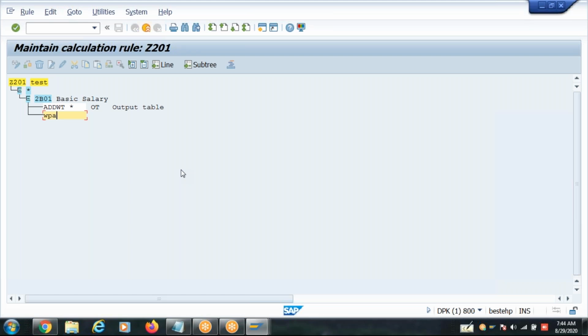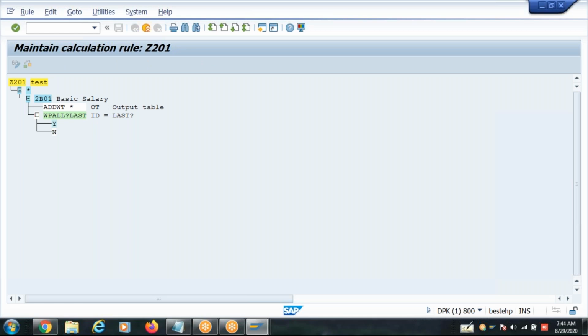WPALL question mark last split. If it is yes or no, if it is the last split that is currently processed, then only check the personal area.